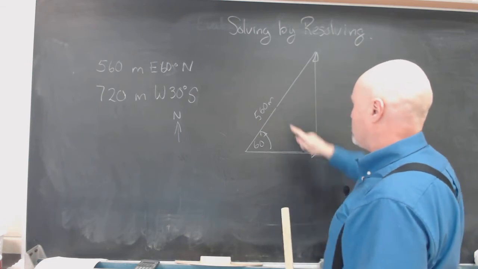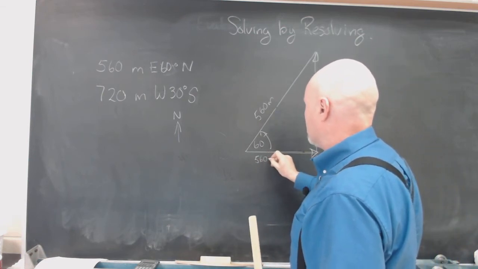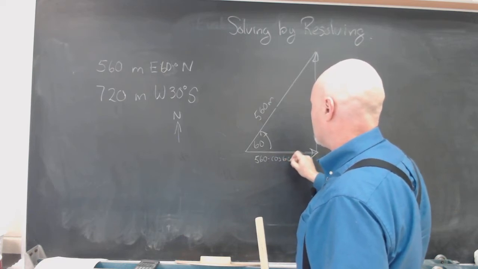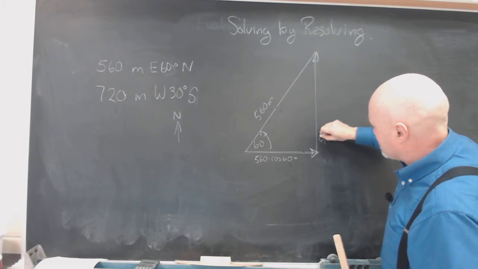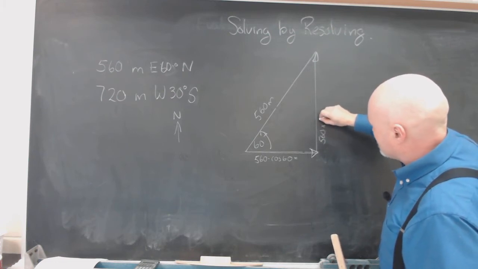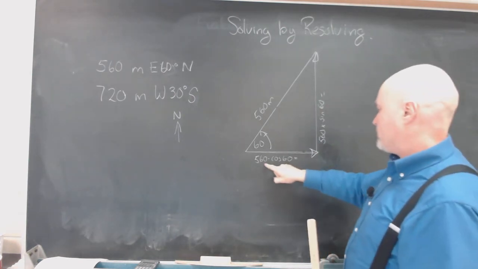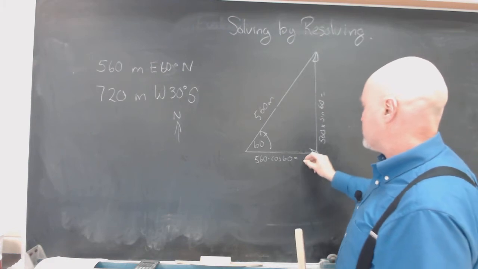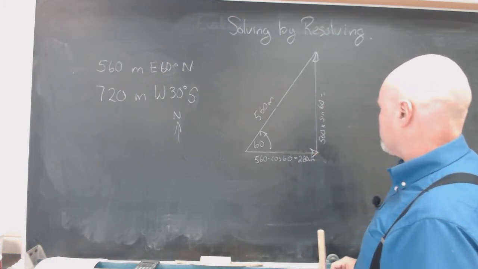This is going to be 560 times cosine of 60 because it's the adjacent. This is going to be 560 times the sine of 60 because it's the opposite. And so 560 cosine 60 is 280 meters in the easterly direction.